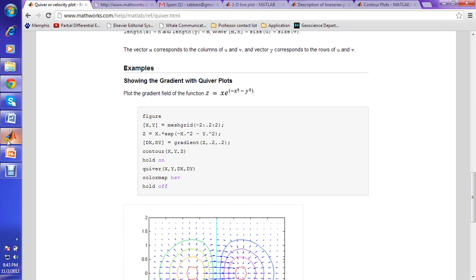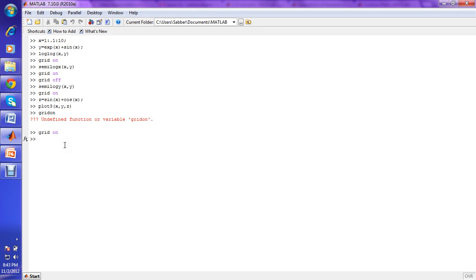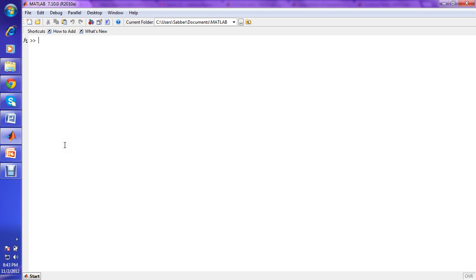Okay, so go to MATLAB, clc, clear. Let's make our data ourselves: x equal to 1 with interval 0.2, for example, up to 10.